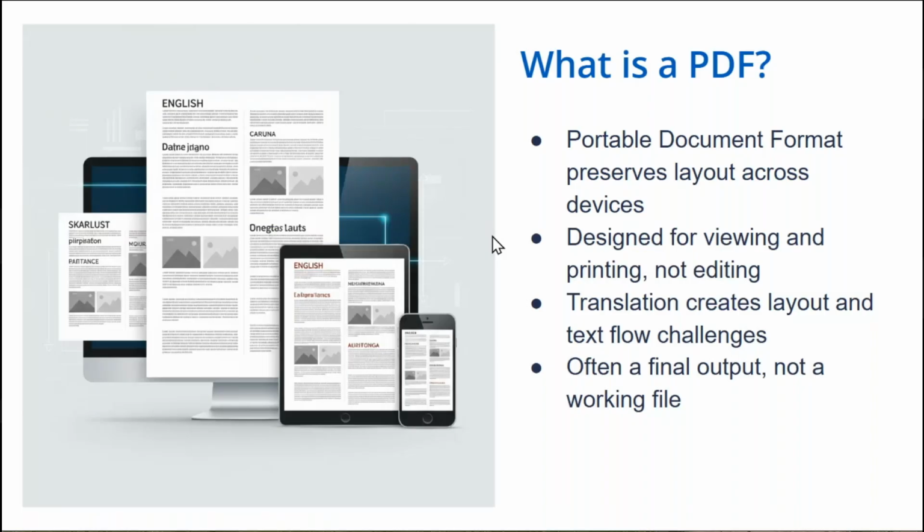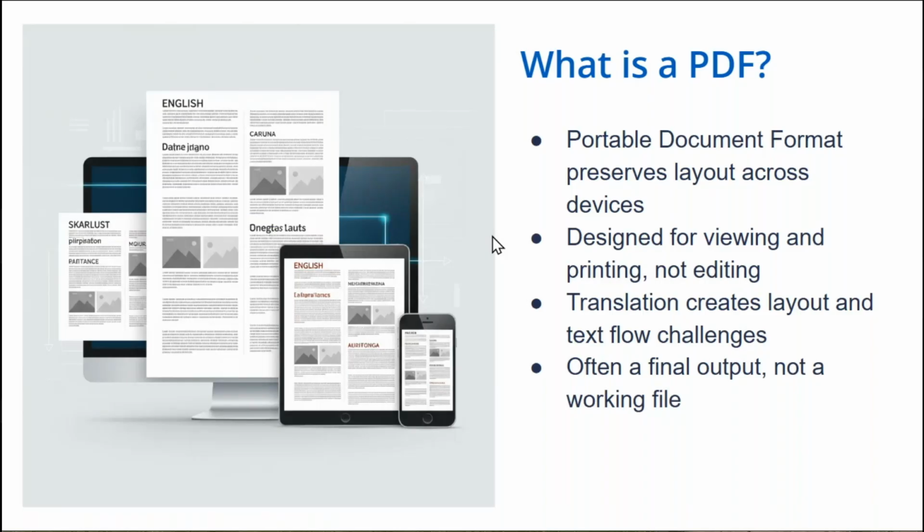So that's why when you try to work with a PDF in a translation environment, you often run into issues like uneditable text or fixed layouts or broken flow when language expands or contracts. So in most workflows, the PDF is the final version. It's a kind of a snapshot of a completed document.